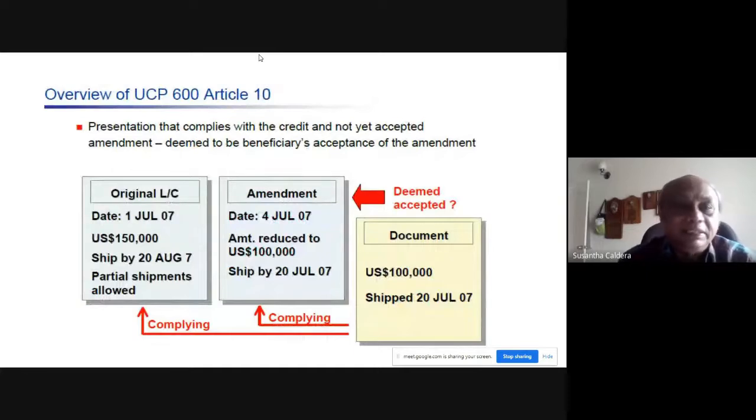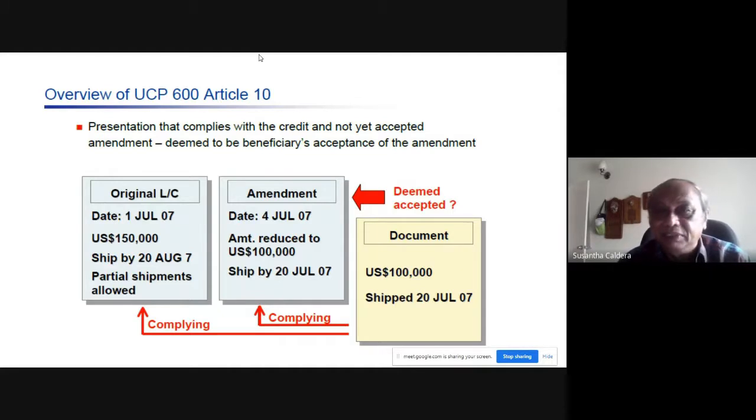A presentation that complies with the credit and not yet accepted amendment is deemed to be beneficiary's acceptance of the amendment. Right?